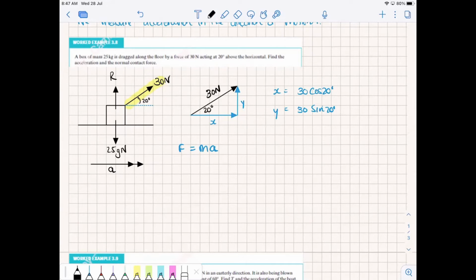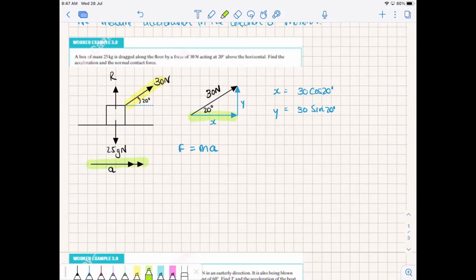So we need to look at the direction the acceleration is happening. It's happening in a horizontal direction. And now I need to look at the forces acting in this direction. So the only force acting in the horizontal direction is this horizontal force over here. It's one of the components of that 30 newtons.